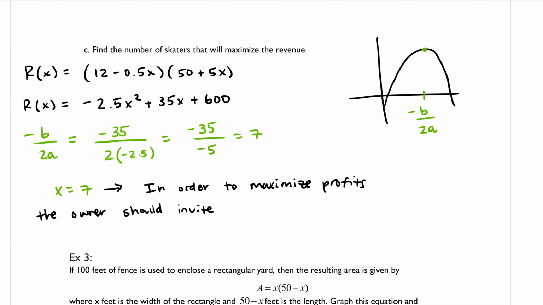So 7 times 5 is 35, but that's additional to the original 50. So it would be 50 plus 35, which is 85. That's where I got that number from. Okay.